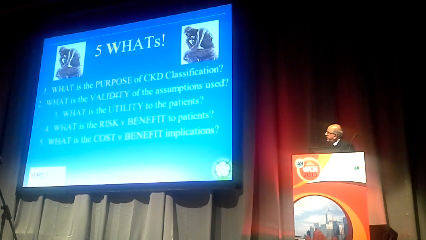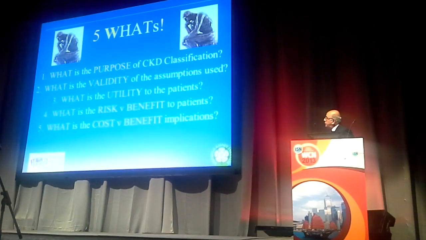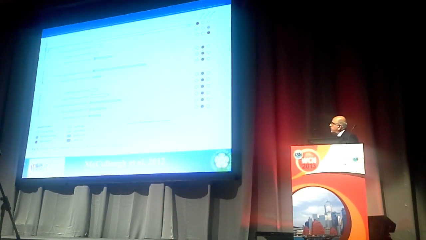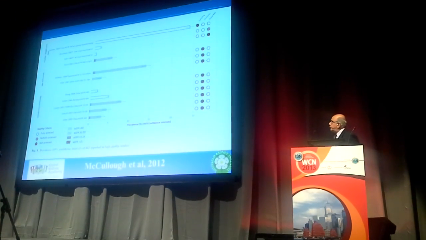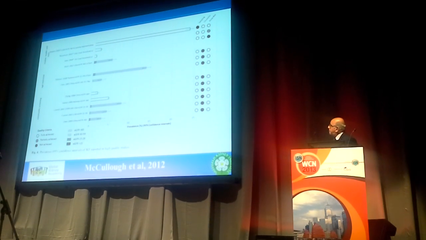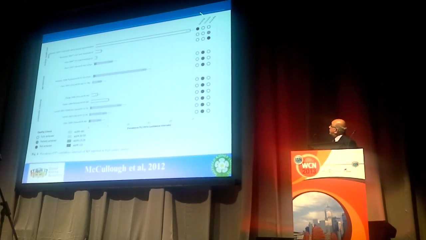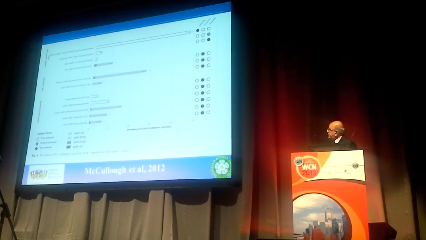So let's briefly have a look at the validity of some of the assumptions and the studies we built our assumptions on, and the usefulness of some of these. Two recent systematic reviews. The first one from the Aberdeen group in the UK looked at a number of cohort studies defining the prevalence of CKD and looked at quality criteria and whether they were achieved, open circle, or not achieved.